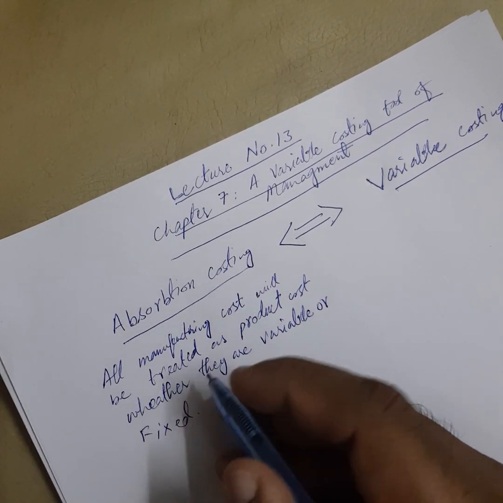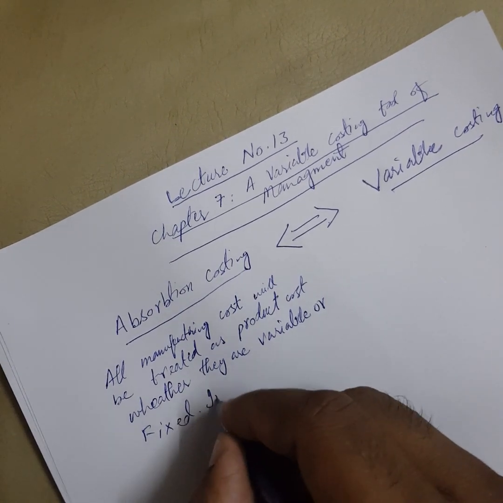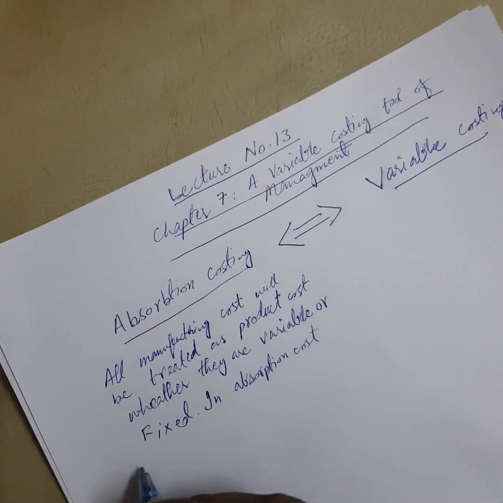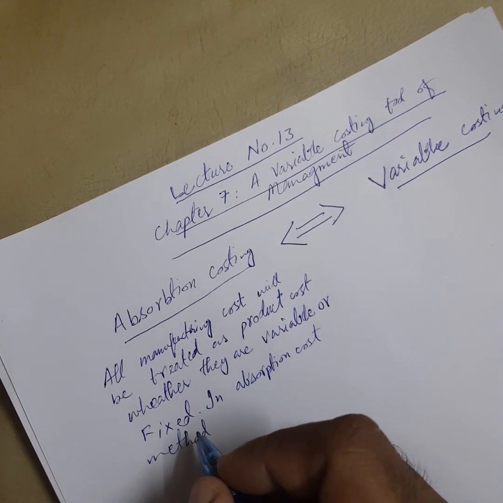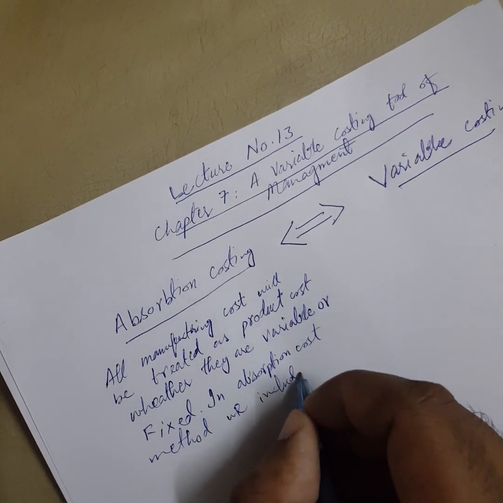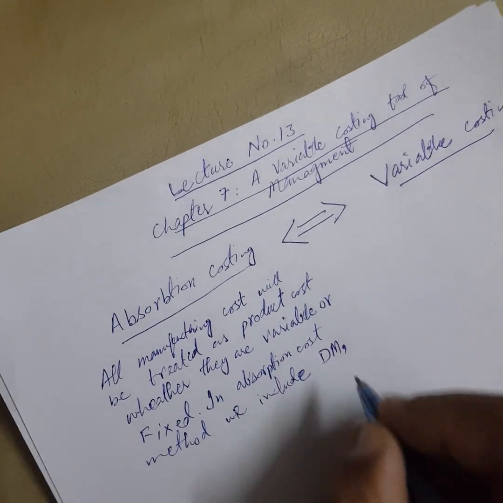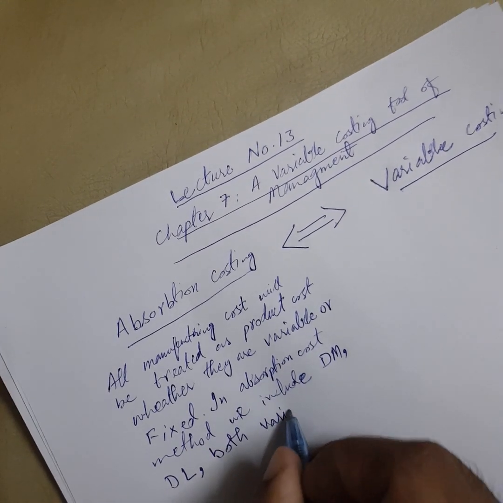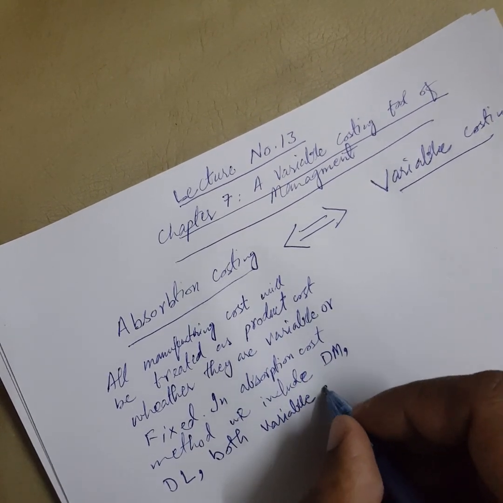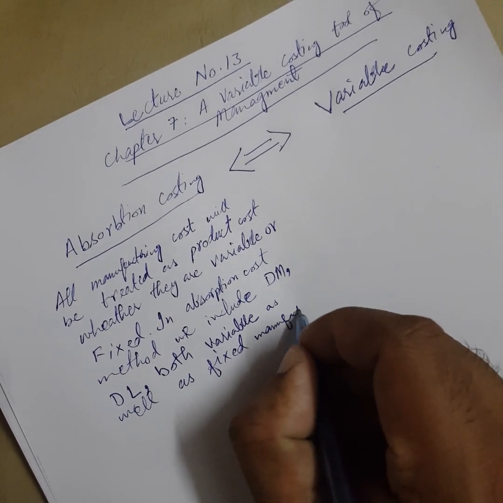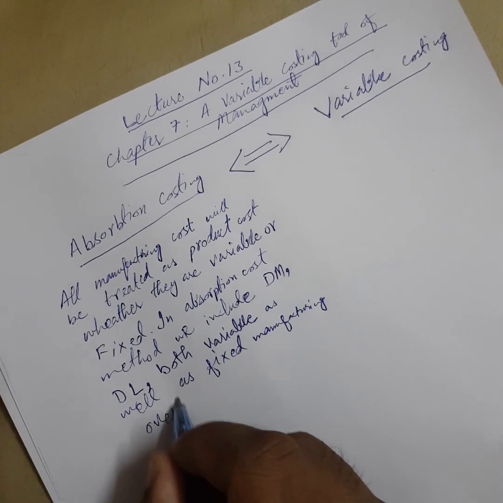It means in the absorption cost method, we include direct material, direct labor, and both variable as well as fixed manufacturing cost, or we can say manufacturing overhead costs.